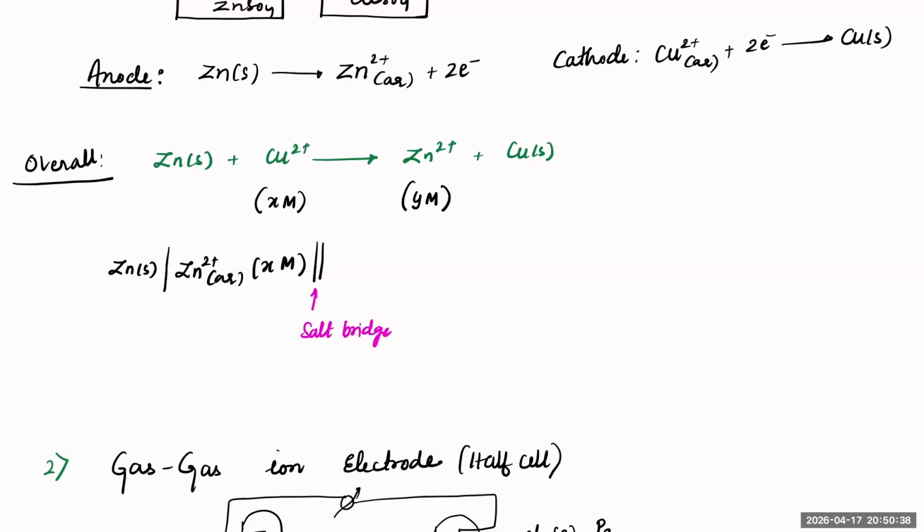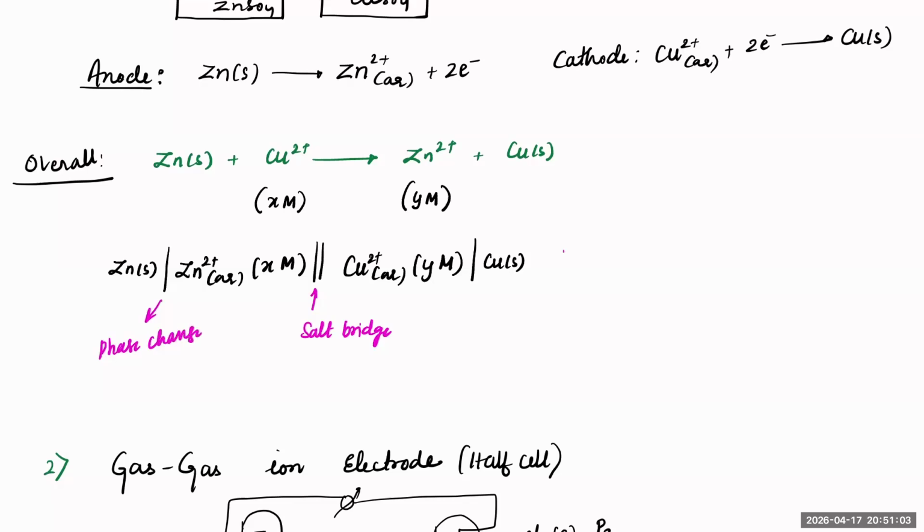And thereafter, we have copper 2 plus connected. So now we will write this as copper 2 plus aqueous ions, of Y molar concentration, which is getting reduced to copper on a copper electrode. So this line basically represents the phase change.